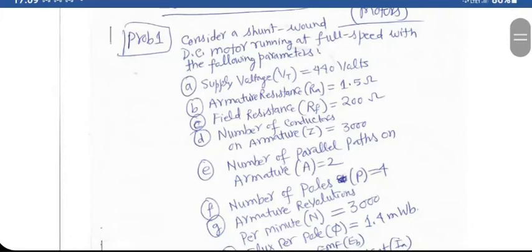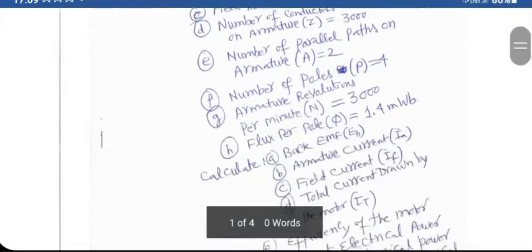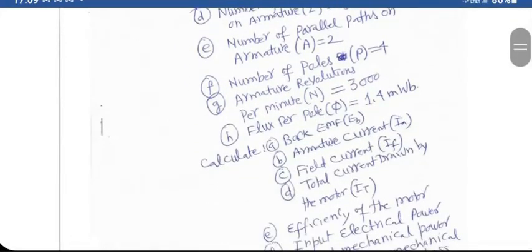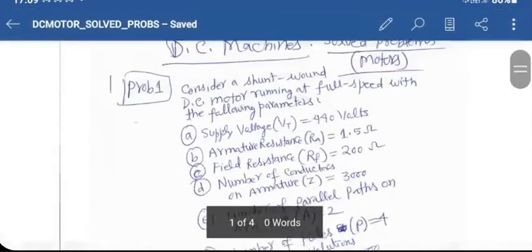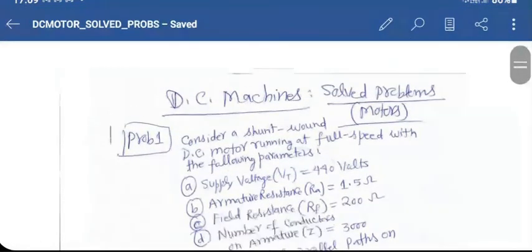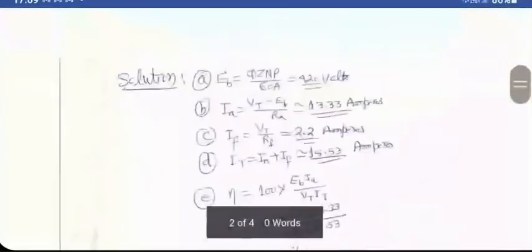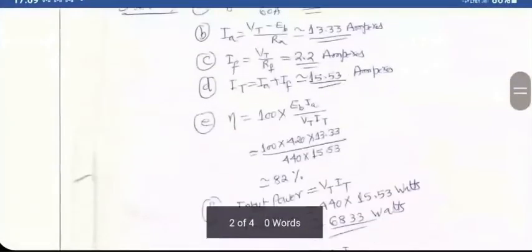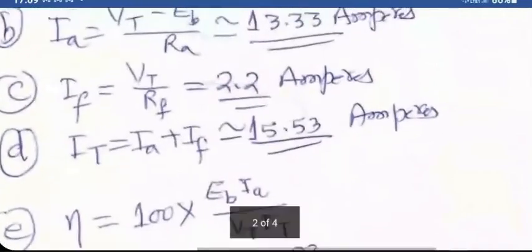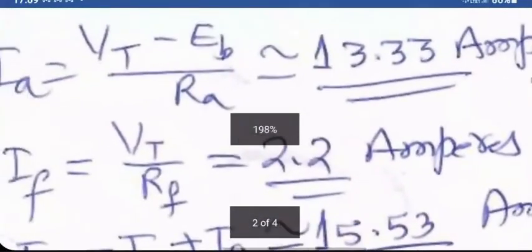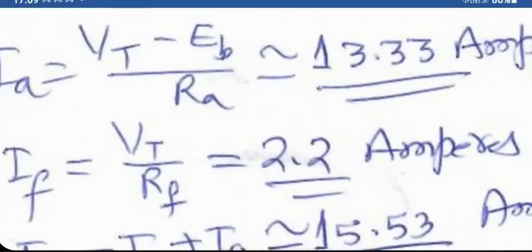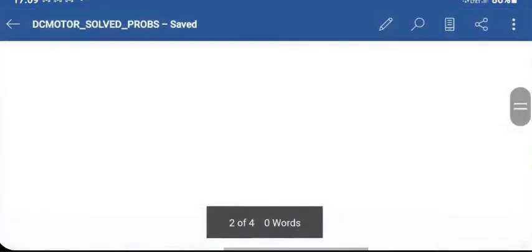What else do they want? Field current, which is simply VT divided by RF. VT is 440 volts, RF is 200 ohm. VT divided by RF works out to 2.2 amperes.